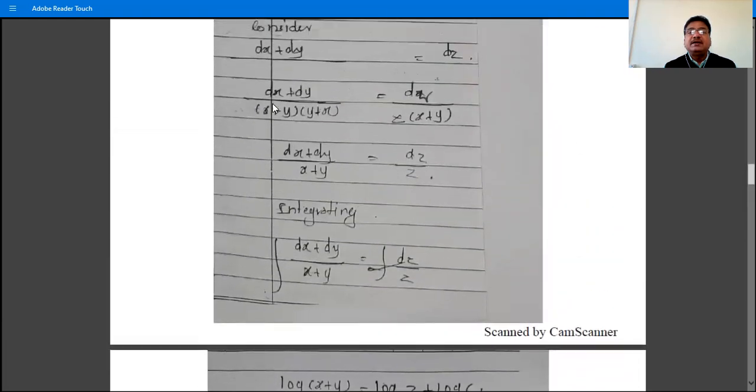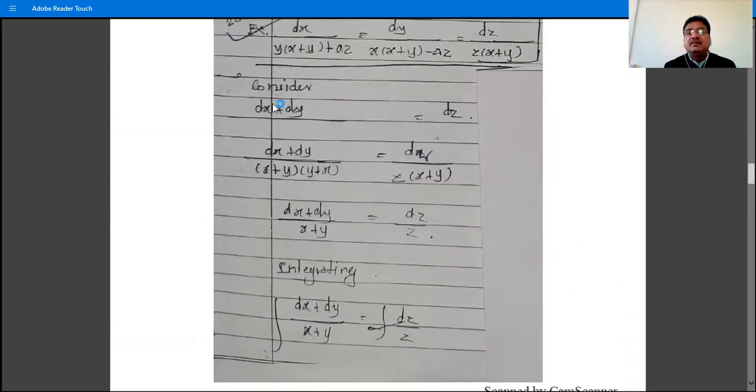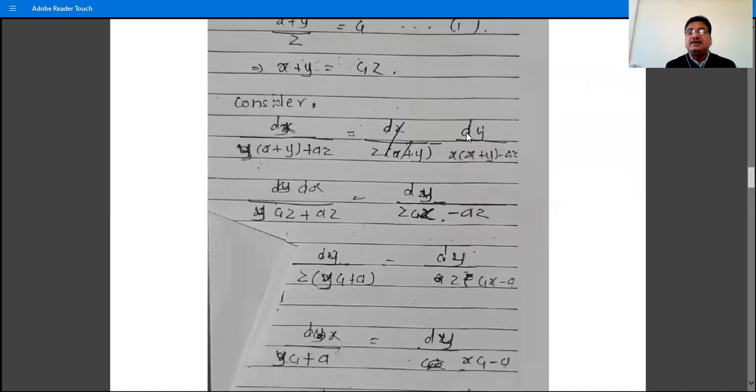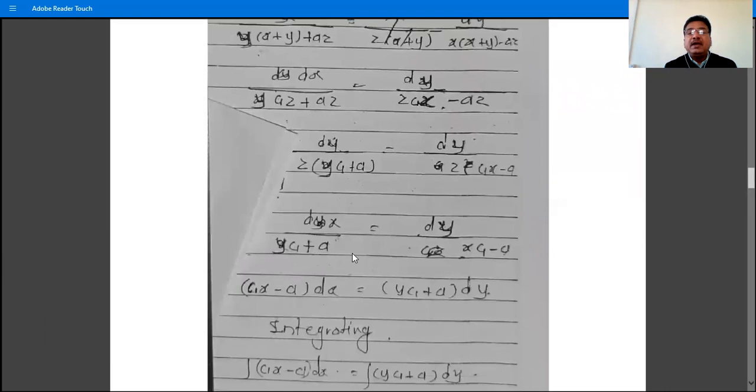So substitute x plus y as c1 z, and then what do we have? Dx divided by y c1 plus a. And dy, that is, consider the second ratio, not the third ratio, right? Here dx and dy, these two ratios. And so what do we have? We have dy divided by z, take z as common, and cancel that z. And therefore we have only two variables now remaining.